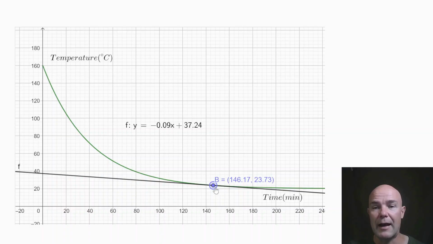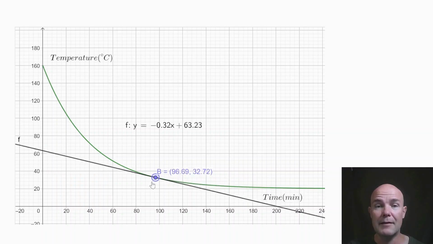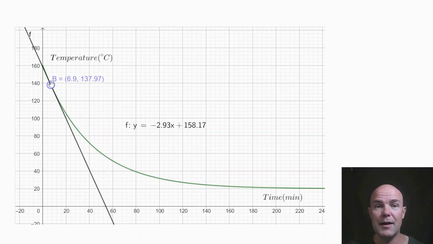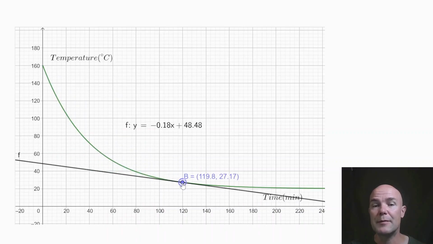So now at the end here, the temperature is only dropping about 0.1 degrees per minute. And that really makes sense, because when the cake is hot, it will cool down faster. And as the temperature gets closer and closer to room temperature, the cooling rate gets smaller and smaller.